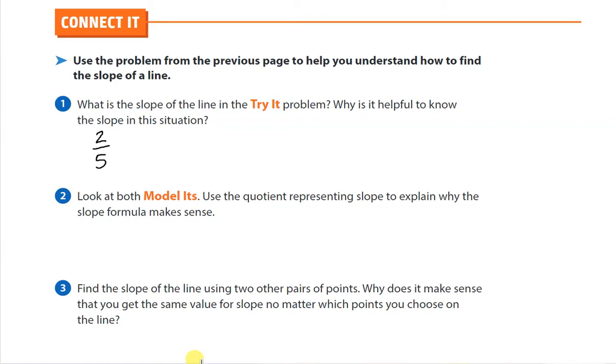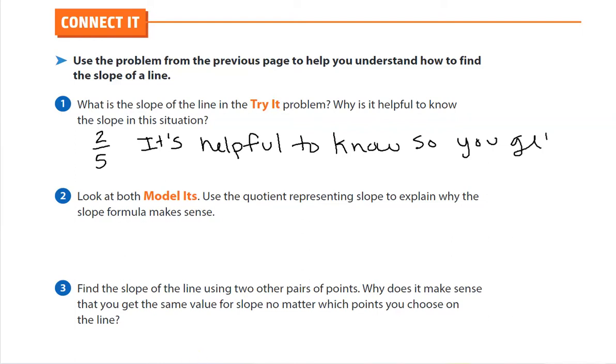And it's helpful to know so you get the right shade of orange. Mixing yellow and red gives you orange. It's a nice recipe. There you go.